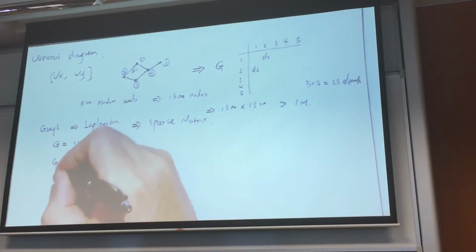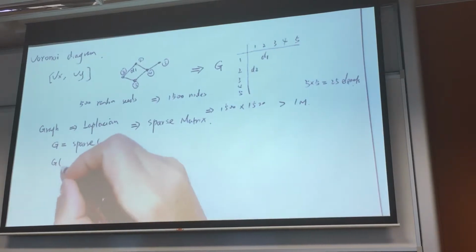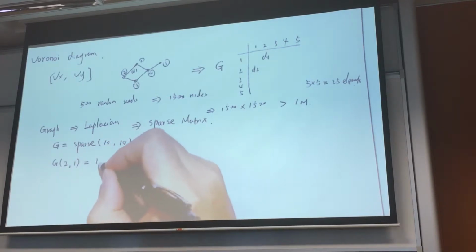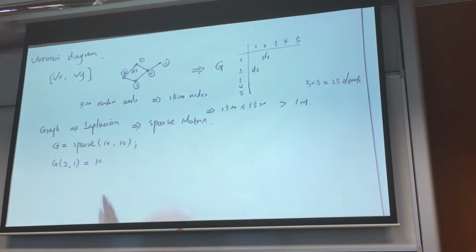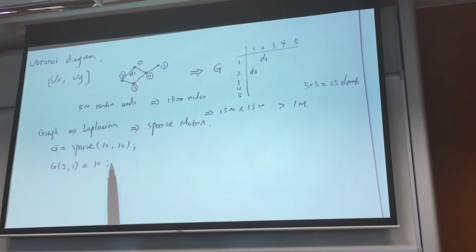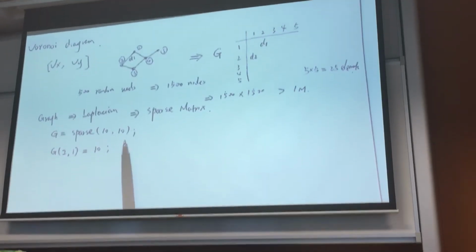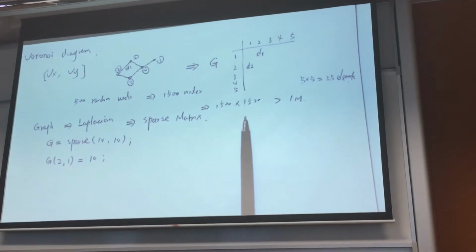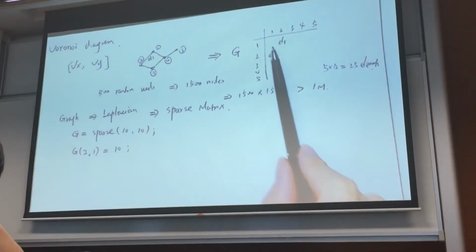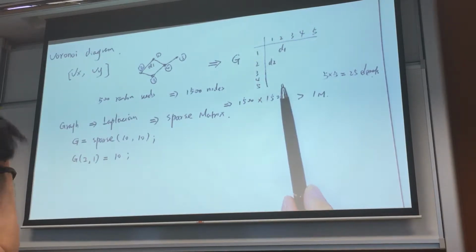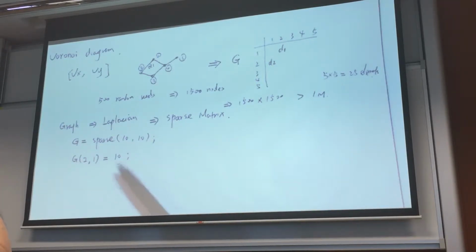You just write the matrix J with the index 2, 1 equal to 10. So you only need to take care of the elements with a value. You don't need to care about the elements without a value. The MATLAB program will deal with the other elements. All the other operations are the same.